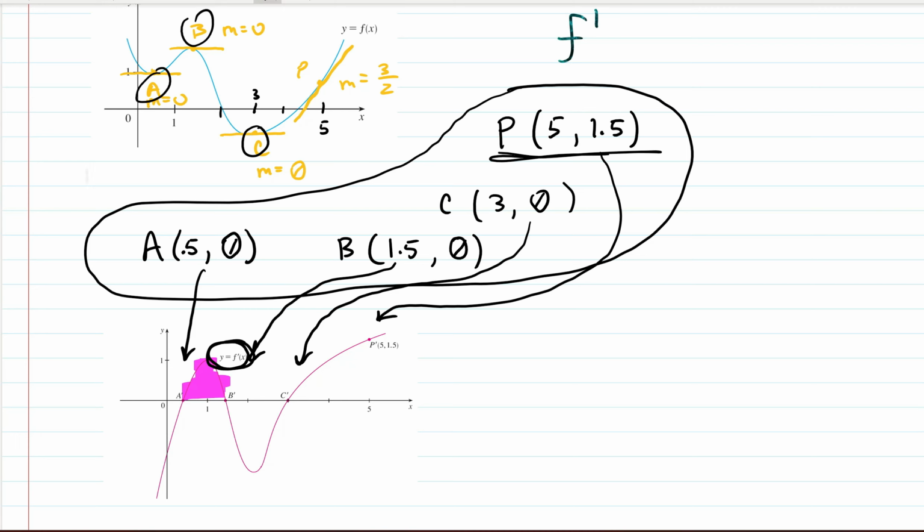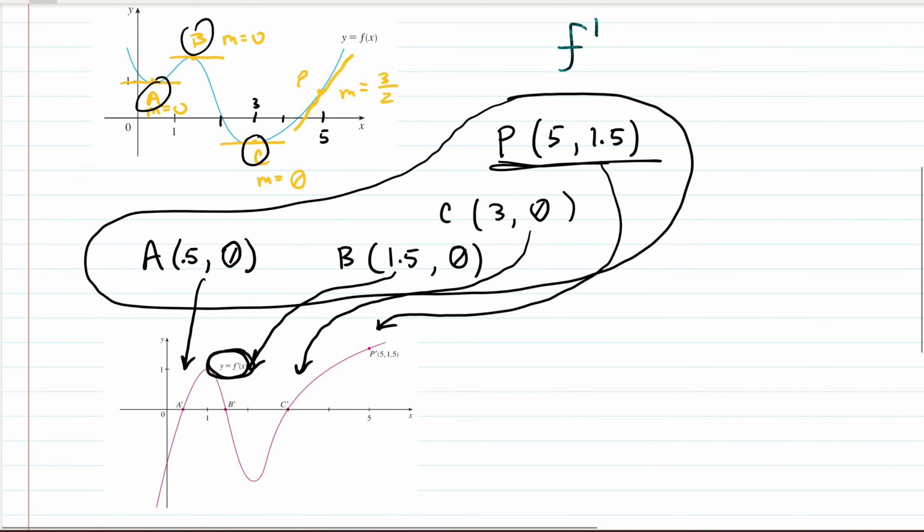Reference it from the graph above. Once again, between A and B the slope is positive, so therefore on f prime, it's positive there as well.